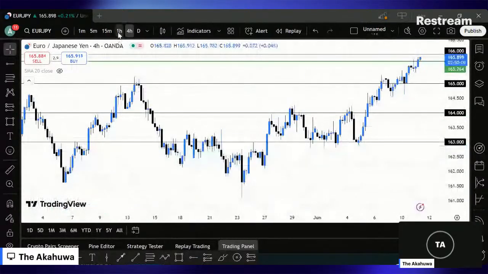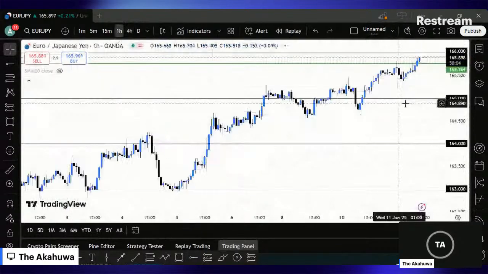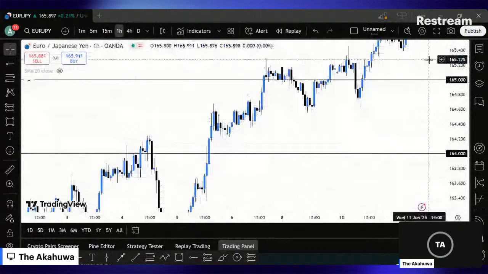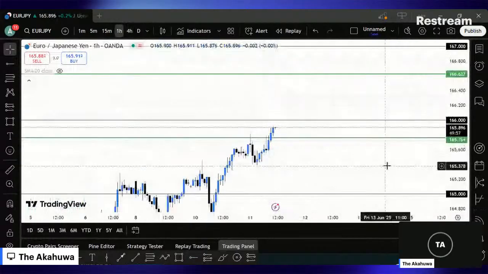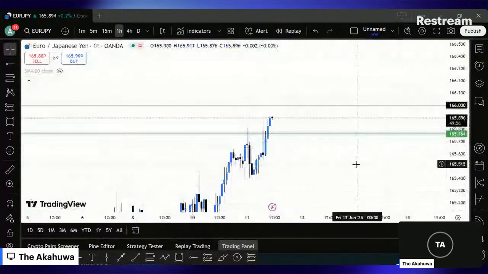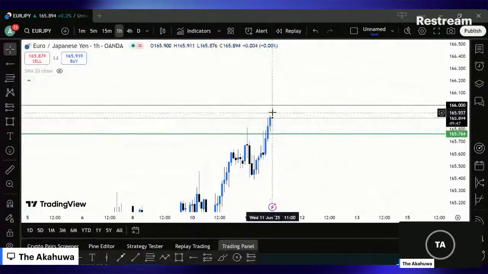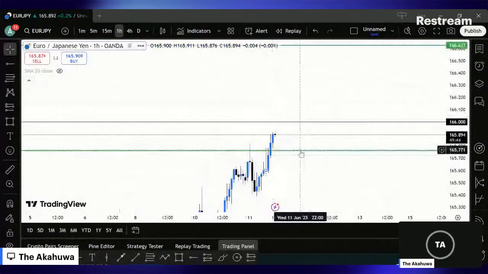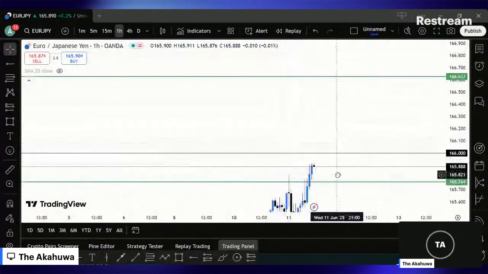Let's go to 1 hour time frame. Looking at 1 hour time frame, you see that this green line is the middle, 50% of that 4 hours order block. So the market still hasn't even shown sign that selling pressure is coming up.